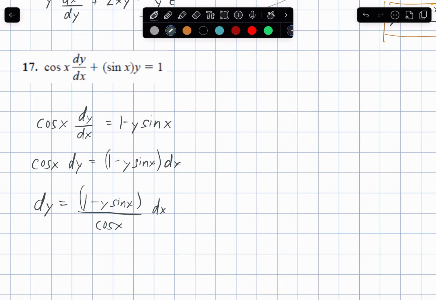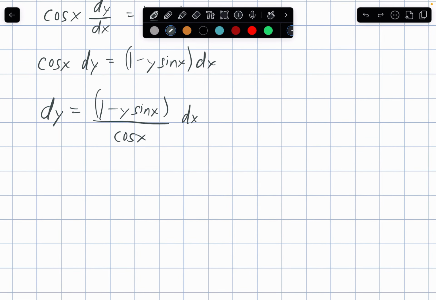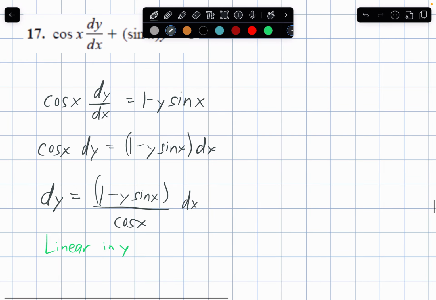And yes, x is clearly associated with a transcendental function. Moreover, we can say that this is linear in y. Is it linear? No. Is it variable separable?